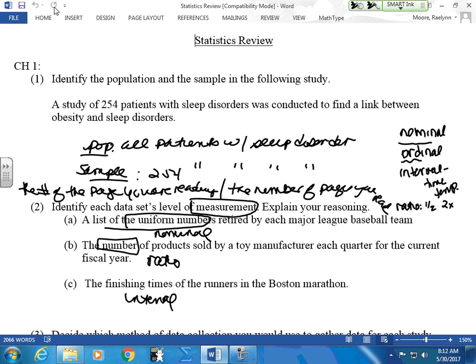The number of the page you are reading versus the number of pages you read. What's the first one? Nominal. What's the second one? Ratio. The number of pages you read. So when I'm counting things up, that's the number of. When I'm stating something, that's the page number. See the difference? That's a big difference there.